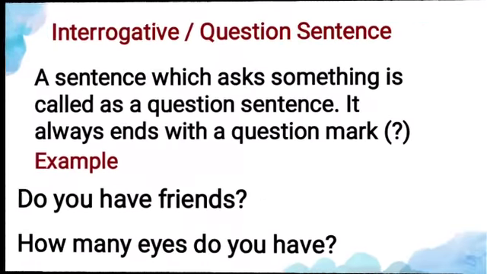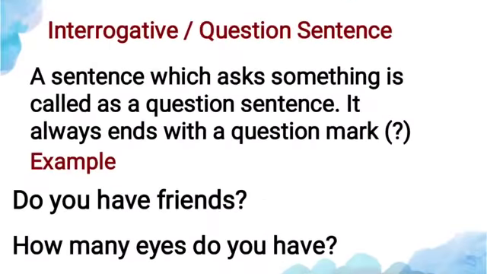Now let's understand interrogative or question sentence. A sentence which asks something is called a question sentence. When some question is asked, those sentences are called question sentences or interrogative sentences. And please note, these types of sentences always end with a question mark.